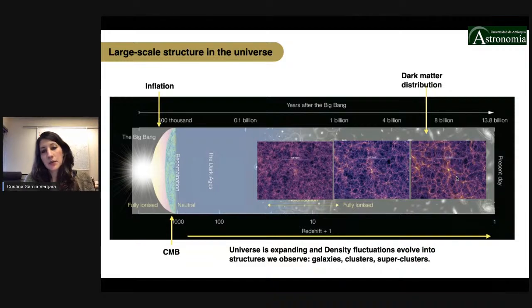This is just a result of gravitational instability that I explained to you using some equations. I kept this very qualitative because to really understand this mathematically, we need to understand much better cosmology, and I didn't want to go at that level of detail.